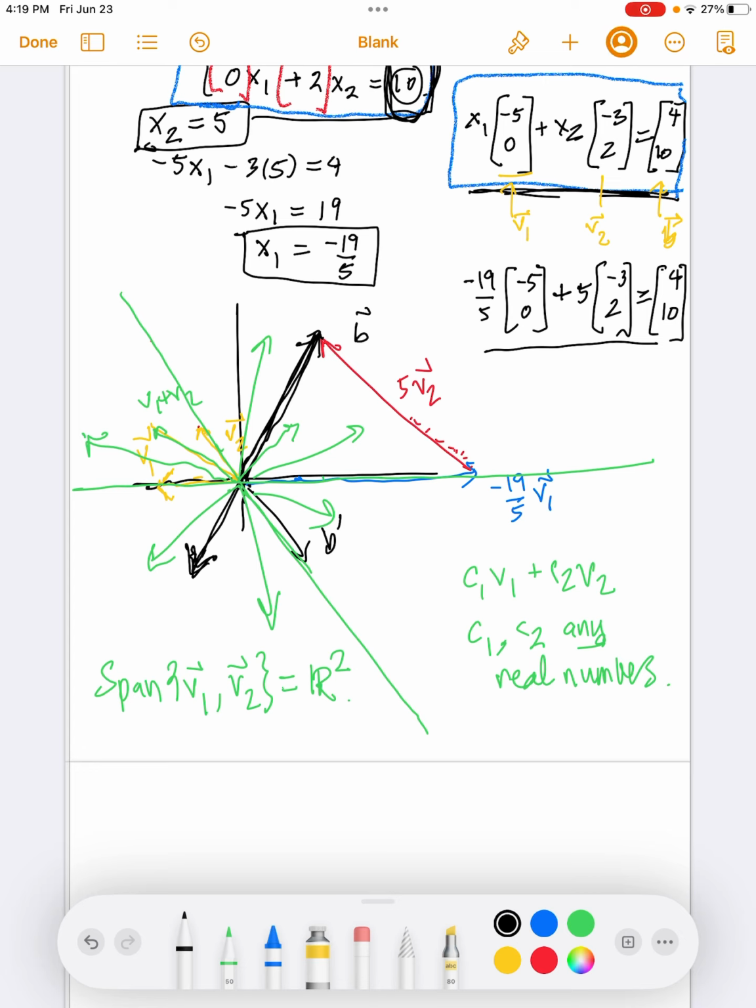Well, in that case, you wouldn't be able to get all possible vectors in R2 as a linear combination, because if you have two vectors on the same line, then you could just take any vector that's not on the line, and that vector will not be a linear combination of the two vectors that are on the line.